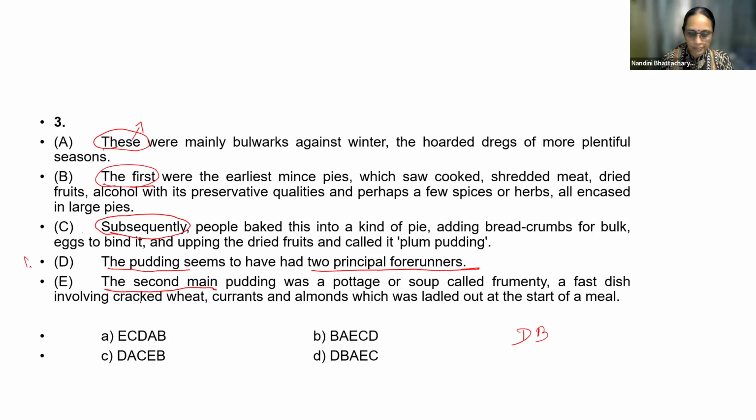Then what comes after B? A. Hmm? The A. First were the earliest mince pies, which were cooked shredded meat, dried fruits, alcohol with its preservative qualities, and perhaps a few pieces of herbs, all encased in large pies.